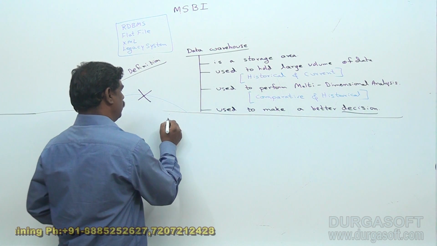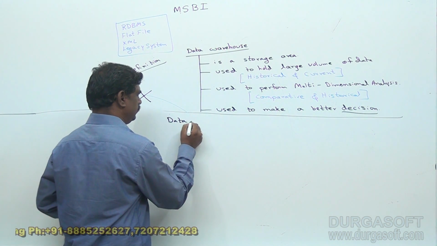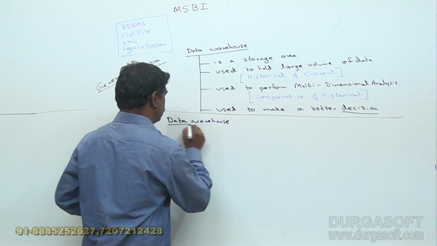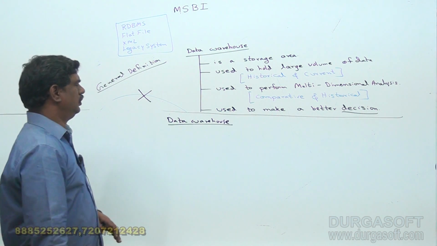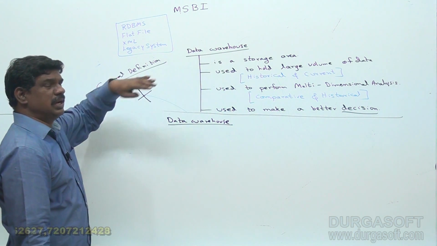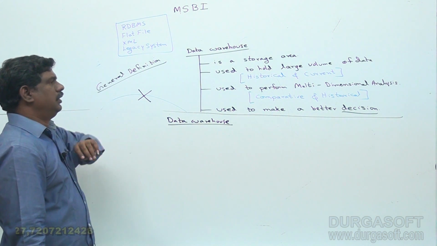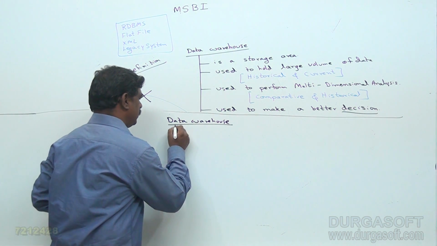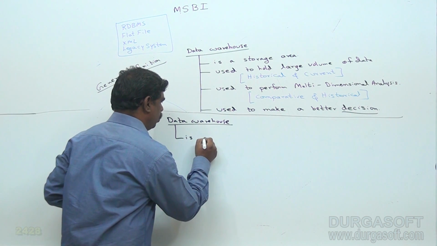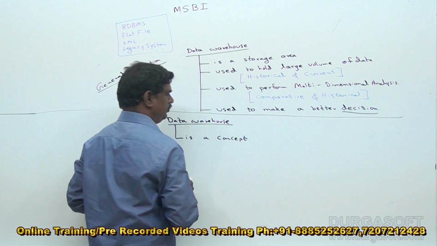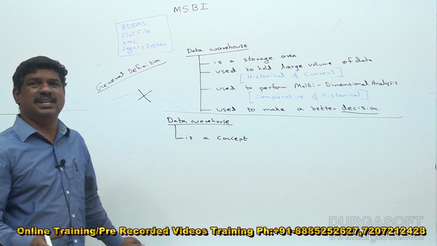What is a data warehouse? I already mentioned storage here, but that was a general definition. So what exactly is a data warehouse? It is a concept. It is not a storage area. It is a concept. It is a theory.